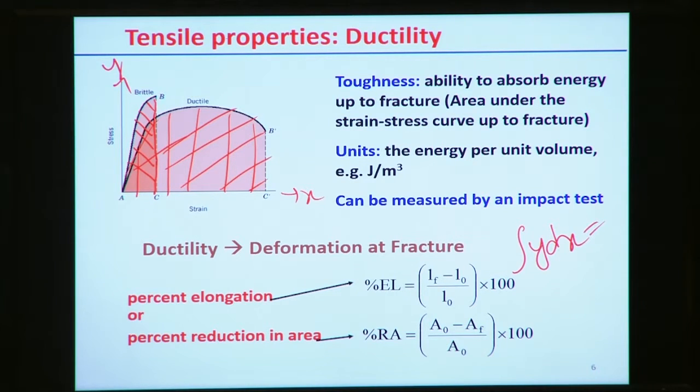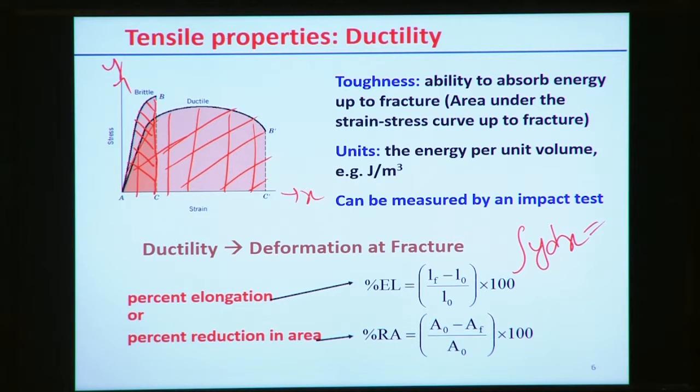So in the case of a brittle material, if this area represents the toughness, it is very small as compared to the ductile material. We can conclude that brittle material generally has low toughness as compared to ductile material, and the physical interpretation is the area. If we simply calculate the area under the stress-strain curve for different types of material, we get an idea about the toughness of the specific material.